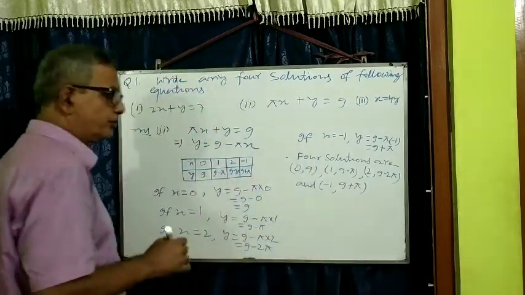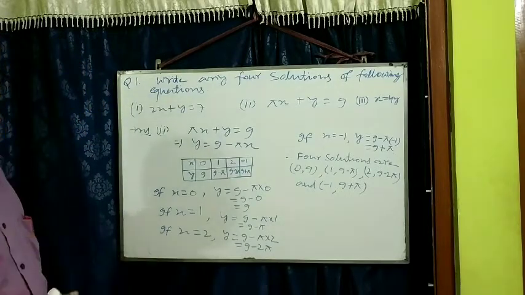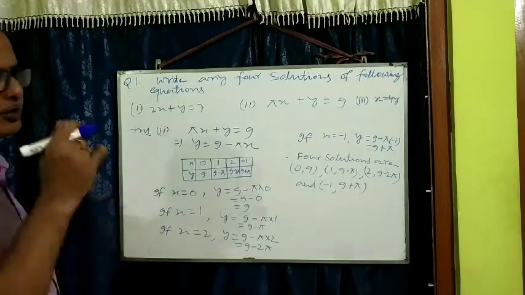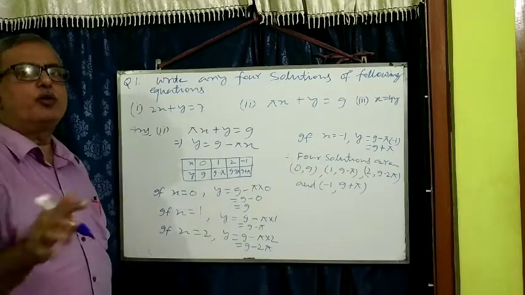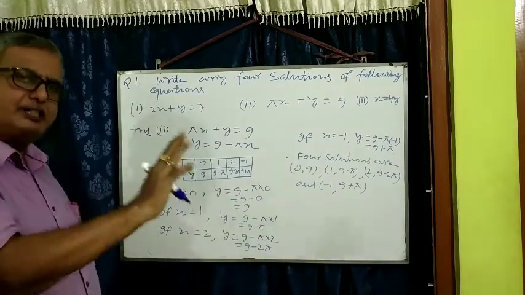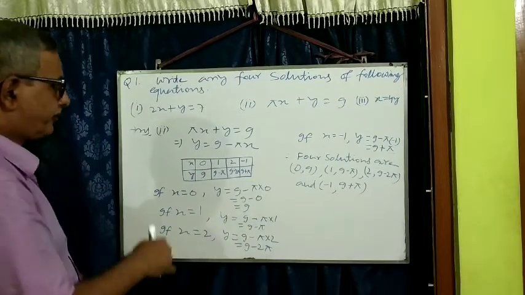Like that, you got 4 solutions. You may get 5, 6, 7 solutions. There is no limit. One equation is given, and you will get an infinite number of solutions.